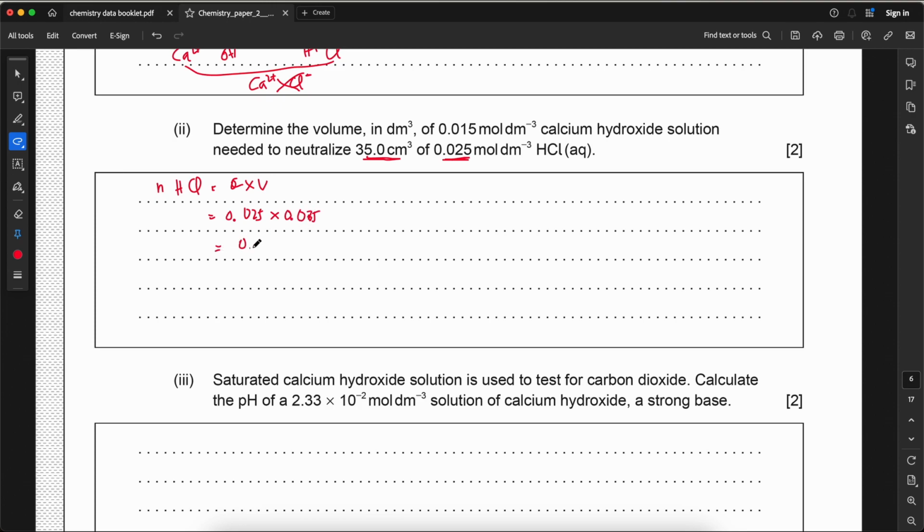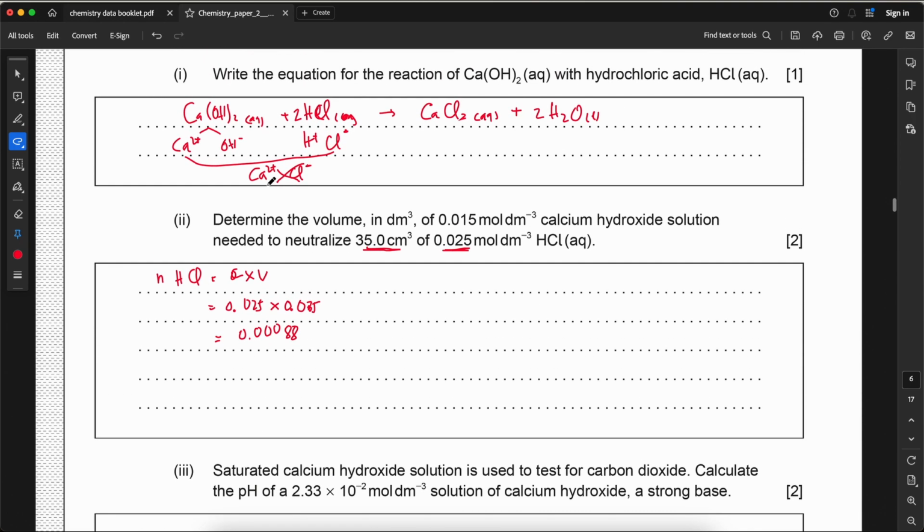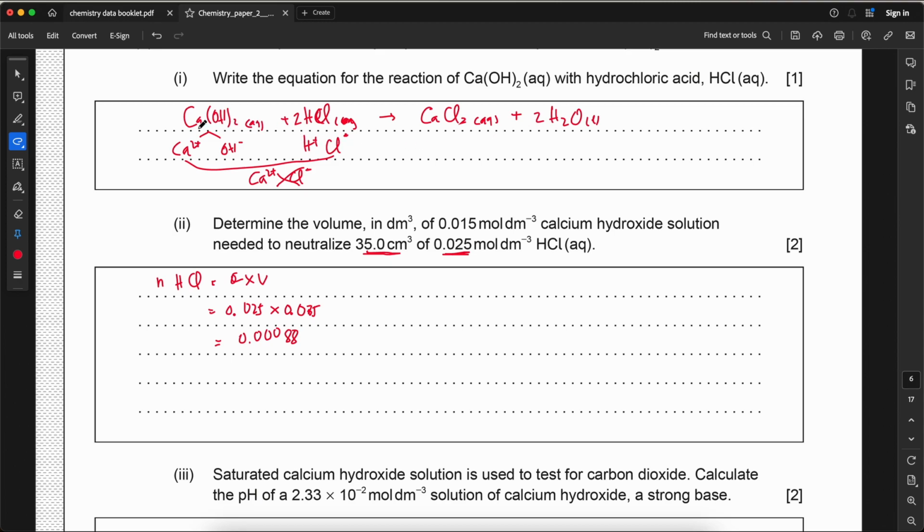You will get 0.00088. Based on the equation, the coefficient of Ca(OH)2 is 1 and the coefficient of HCl is 2. Therefore, to find the mole of Ca(OH)2, it will be half times 0.00088. You will get 0.00044 mole.